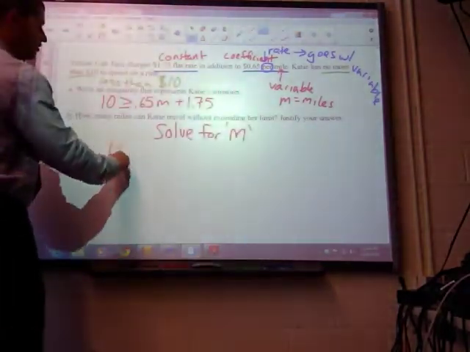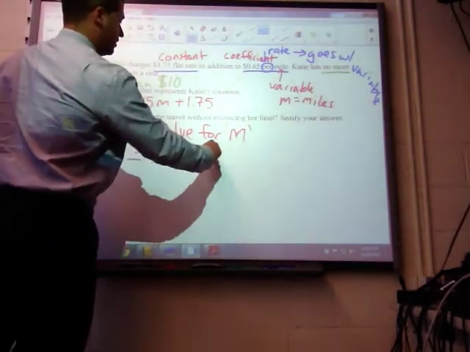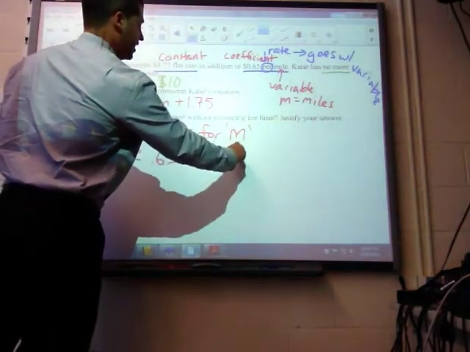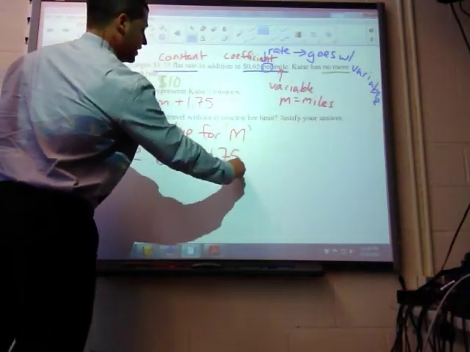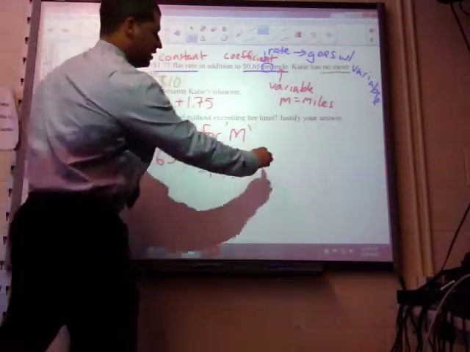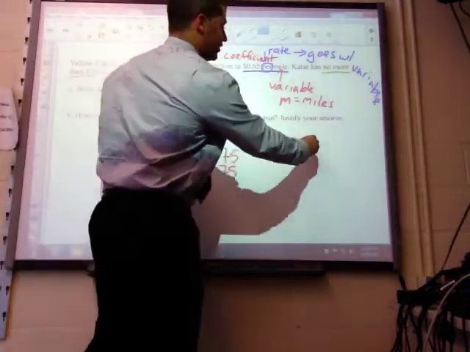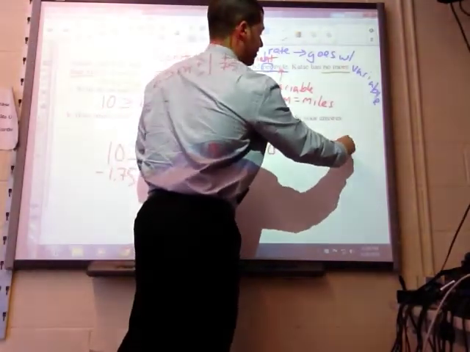So we'd say 10 greater than or equal to 0.65 m plus 1.75. Subtract the 1.75. Subtract the 1.75, and you get 8.25 is greater than or equal to 0.65 m.